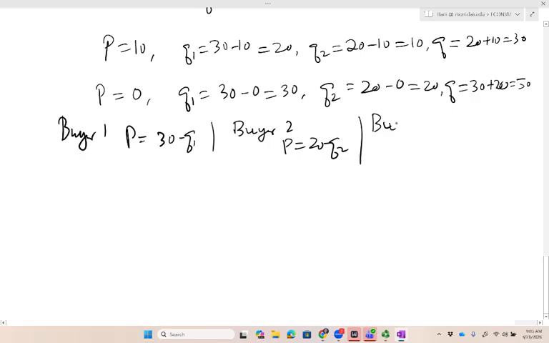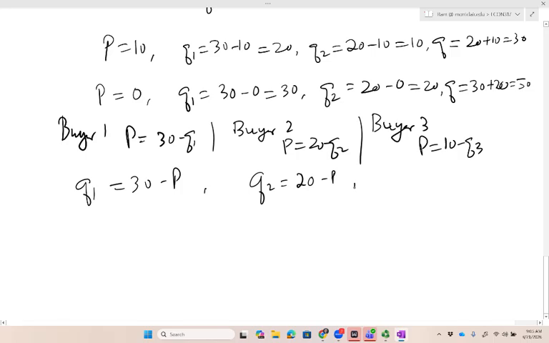Buyer 3 price is given as 10 minus Q3. I could write down the demand functions. Q1 is 30 minus P. Q2 is 20 minus P. Q3 is 10 minus P.